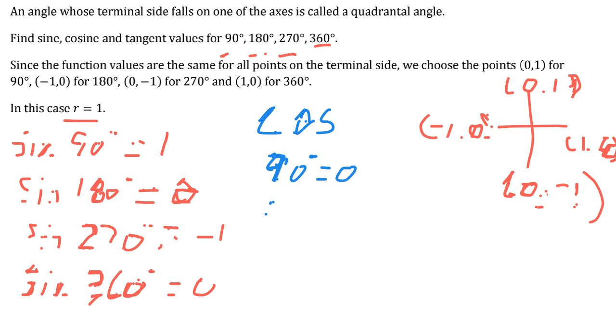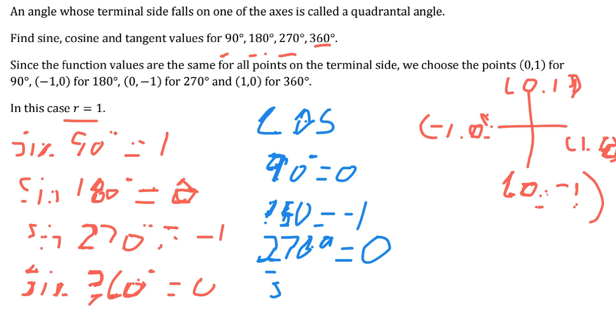Cosine of 180 degrees is going to be -1 over 1, which is -1. Cosine of 270 degrees is going to be 0, the x, and 360 degrees is going to be the x, which is 1.